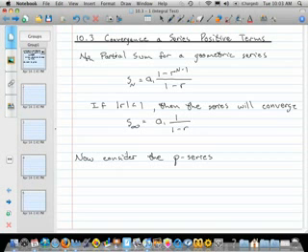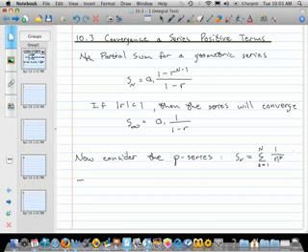and that is S sub n equals the sum from little n equals 1 to big N of 1 over n to the p power. Yeah, that'll work.